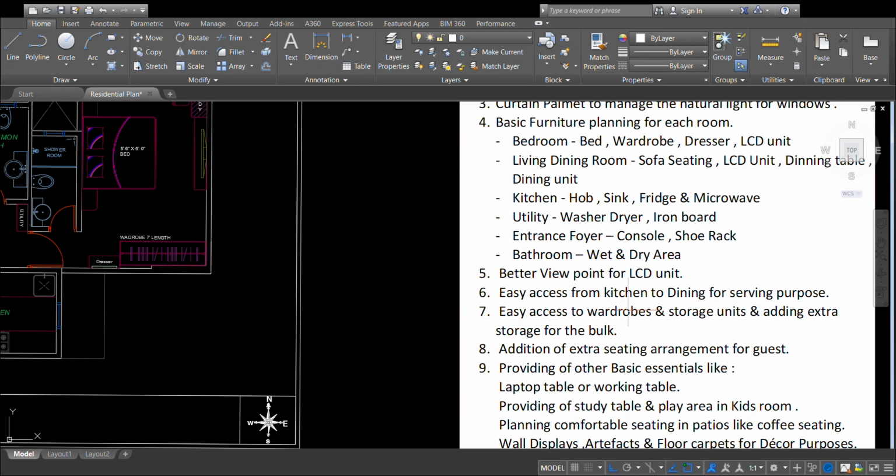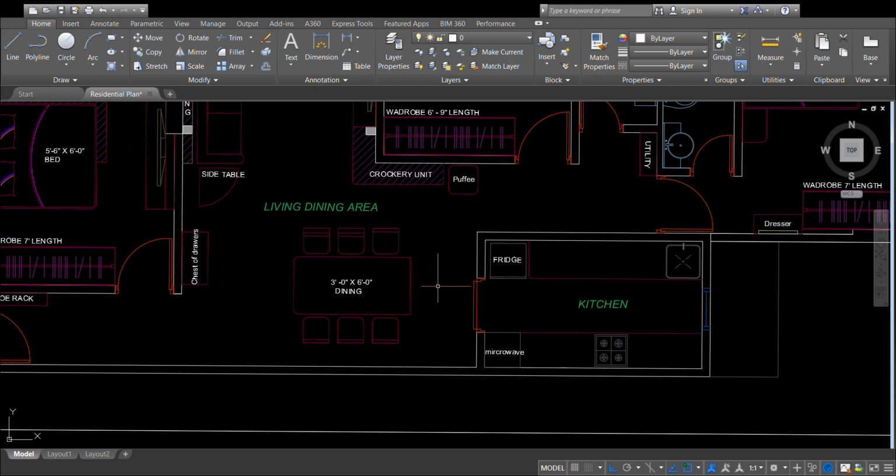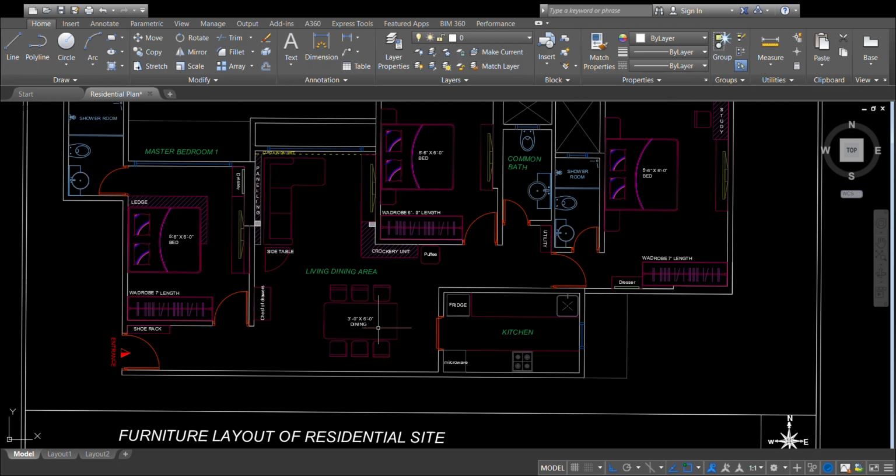easy access from kitchen to dining for serving purpose. So as a designer, that is really a common sense that we need to have, that the dining should be near to the kitchen. It's not necessary that it has to be very close to the kitchen, but it cannot be very far off, as this is a very small layout.